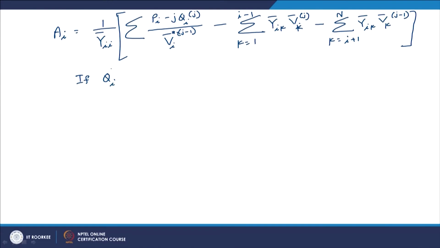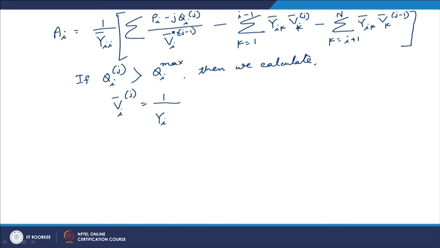If Qij is greater than Qi max, then we calculate Vi at the jth iteration as 1 by Yii times Pi minus j Qi max.